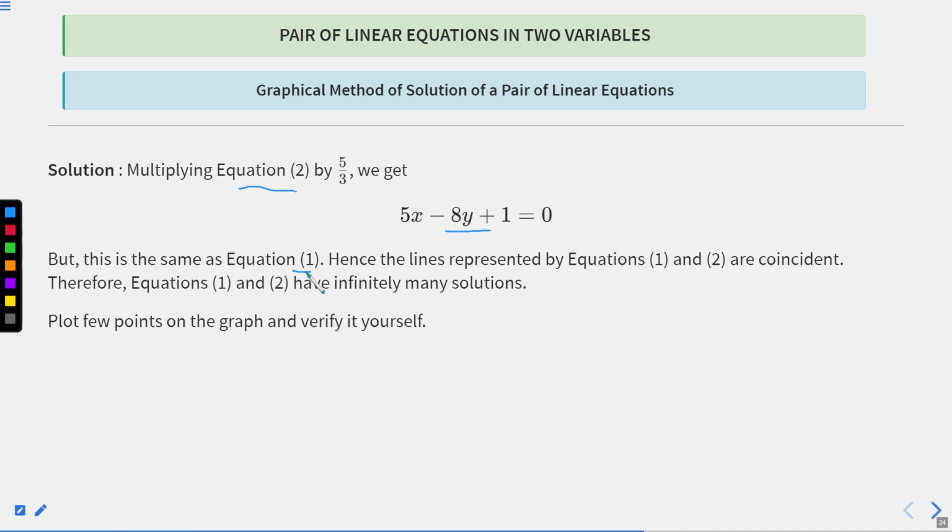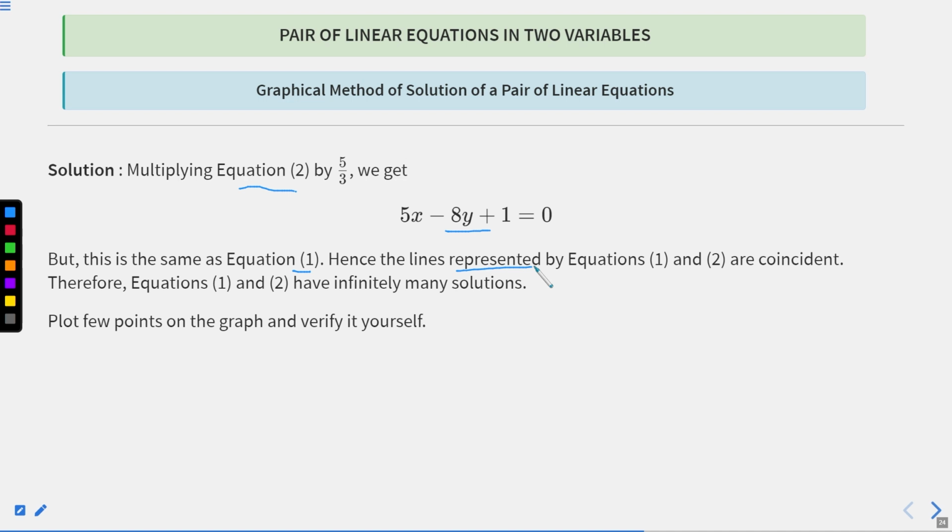Here you see the equation 1 and equation 2 are basically the same equation. Hence the lines represented by the equations 1 and 2 are coincident. That means the lines represented by equations 1 and 2 are actually dependent lines.